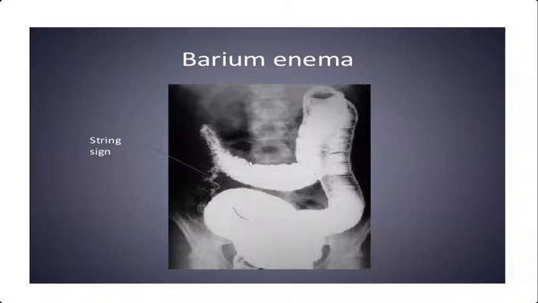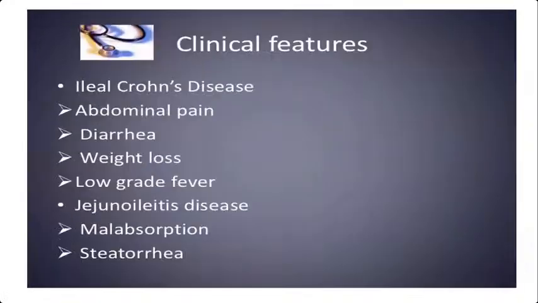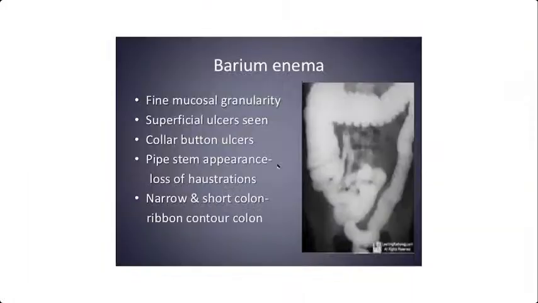Oh, and then the pipe stem. Okay, somebody is asking about the pipe stem. See, this is the normal haustrations of the colon when you have a barium enema. You can see this sort of in-out lacy pattern, but here it's gone. It's just a pipe with no features.